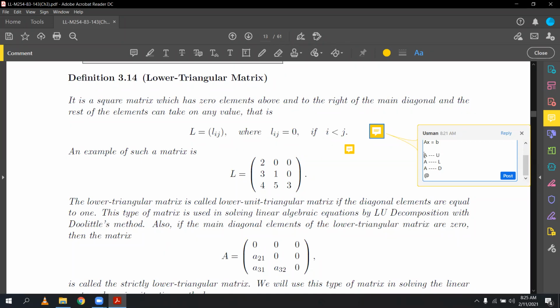So what we do here, we will not use a method which converts A into D. We use the two methods which convert A into U and A into L. We also have, I don't know if you remember or not, you did in 107, some method where we convert A into the unit matrix. You know the Gauss-Jordan method? The procedure of the Gauss-Jordan method is that he converts your A into the unit matrix.